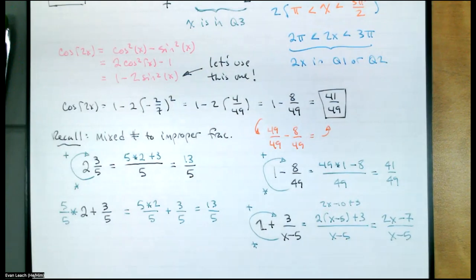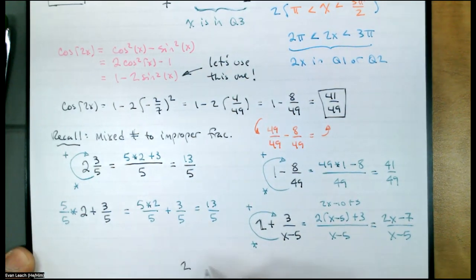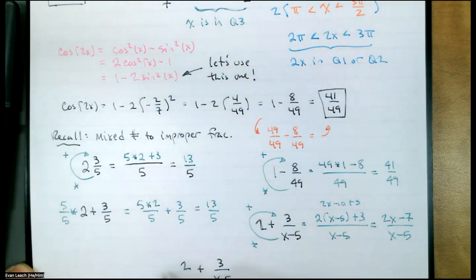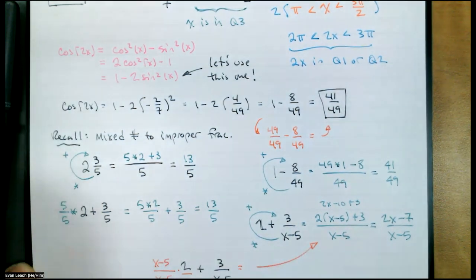That's the same thing as if we get a common denominator between the 2 over 1 and the 3 over x minus 5. Here we are getting our common denominator because we're thinking of this as 2 over 1. And this leads us to the same place we just were.